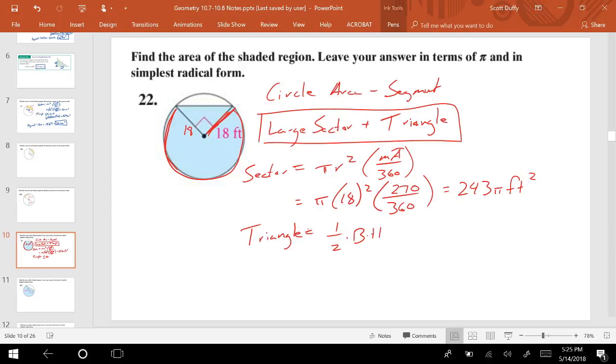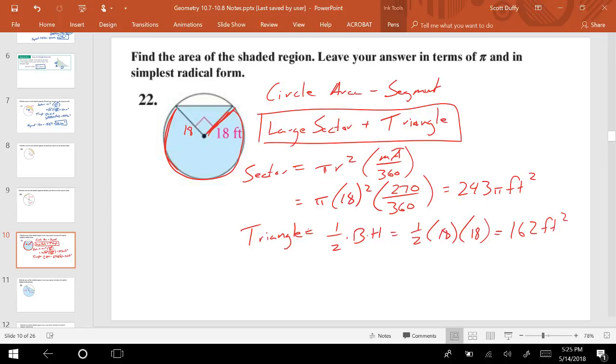When they are not at right angles, that's when you have to use the sine times 1/2 times the two side lengths. So 1/2 base is 18, height would also be 18. And you get 162 square feet.